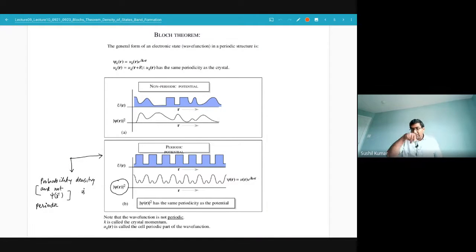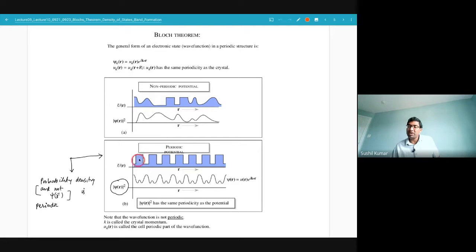On the top is a diagram of a random potential energy, not periodic. So a non-periodic potential. Let's say you give this non-periodic potential to this MATLAB program that you will write for this homework, and you find the wave function. This will be some weird function of space.